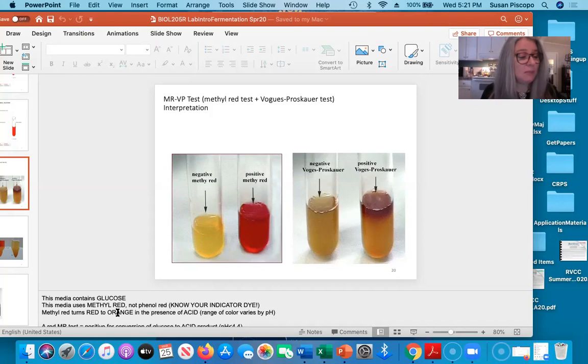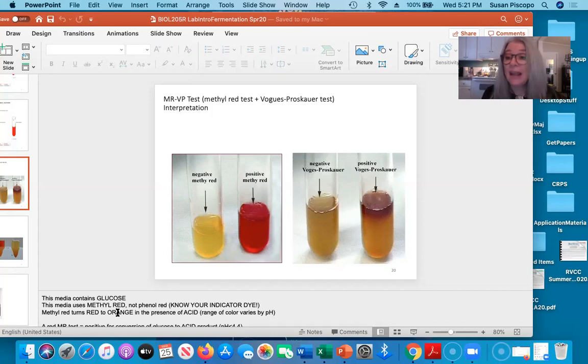If you look on page 119 in your lab manual, they show you a chemical reaction. In fact, they show you a couple. They show you glucose at the top being fermented, again, first to pyruvate and then to either lactic acid or to this molecule called acetoin.